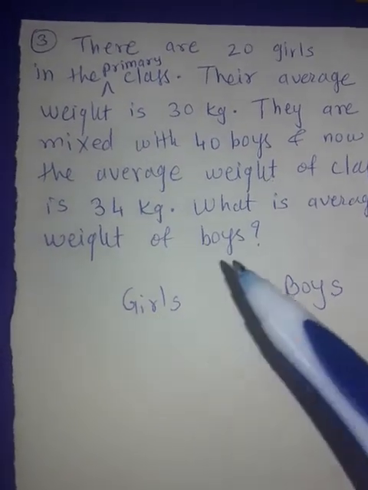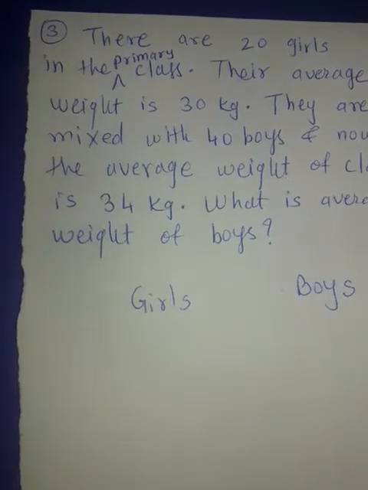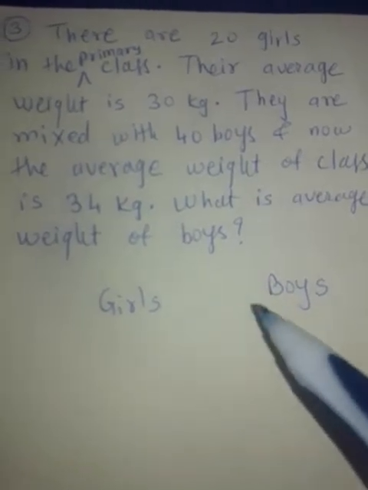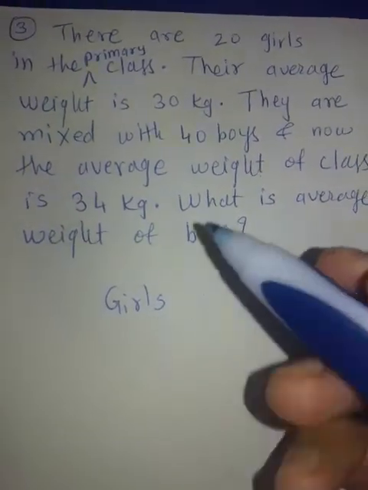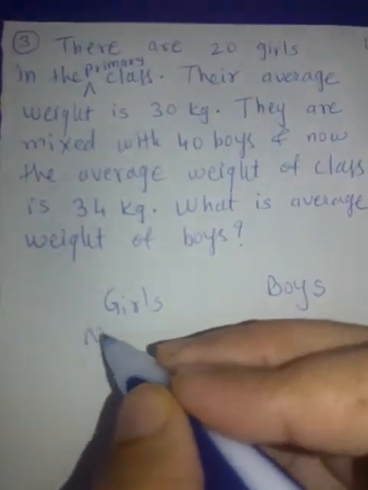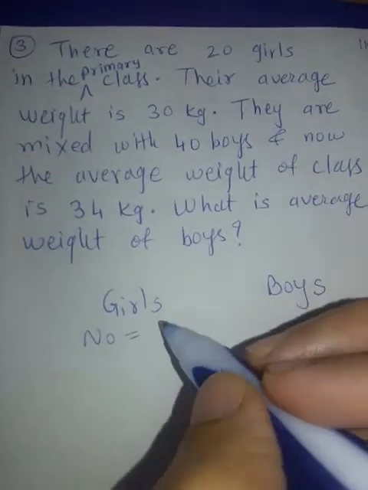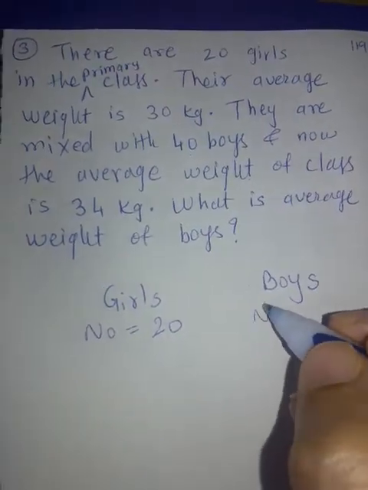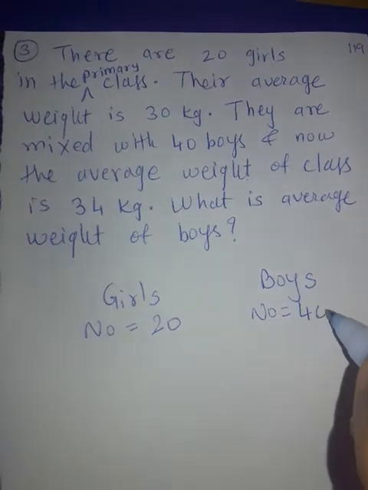It will be the number of girls and the number of boys, isn't it? Object doesn't always mean a non-living object. It can be a living object also, like this. Now the number of girls is given to us. How many girls are there? 20. And they are mixed with 40 boys, so they are 40. This is given to us.